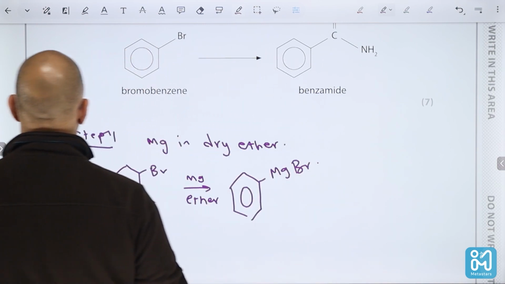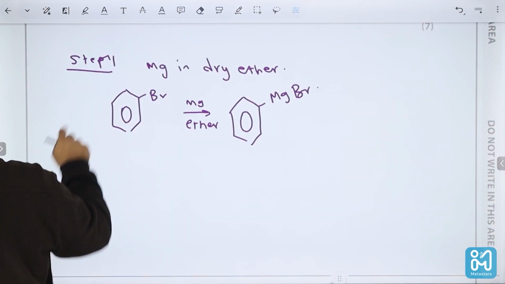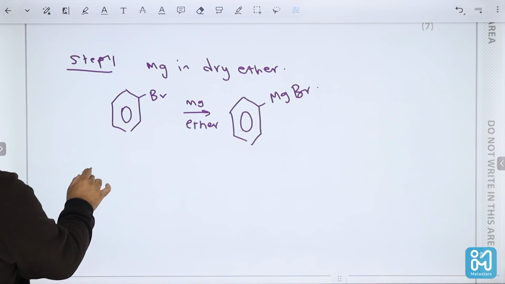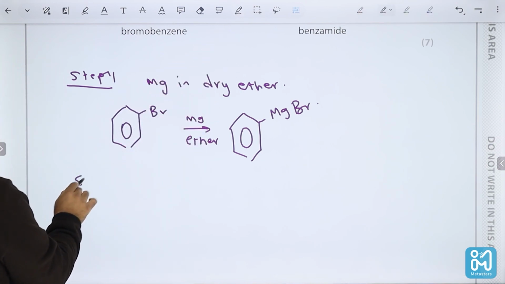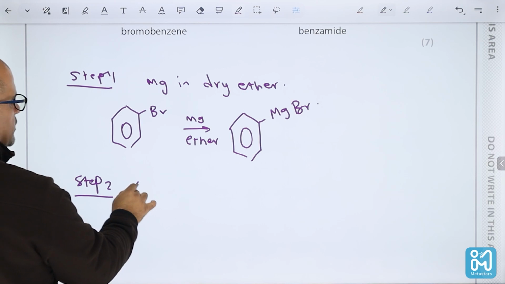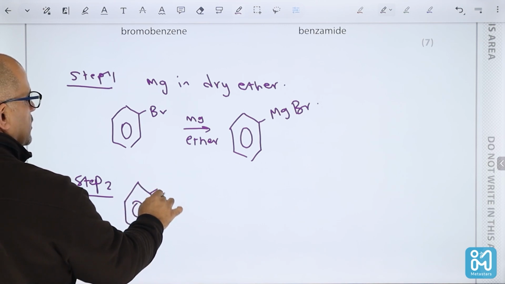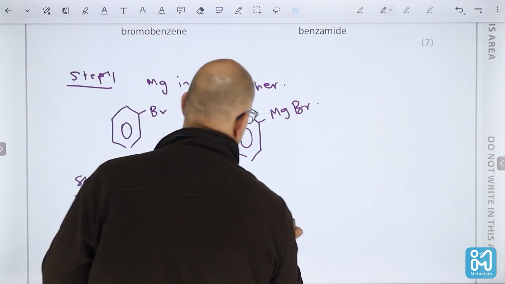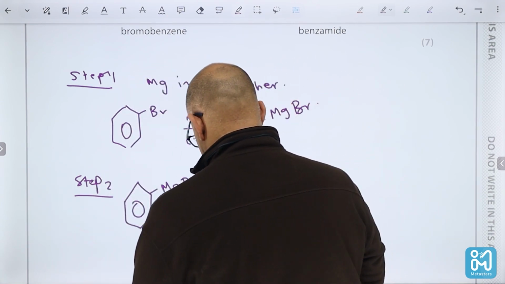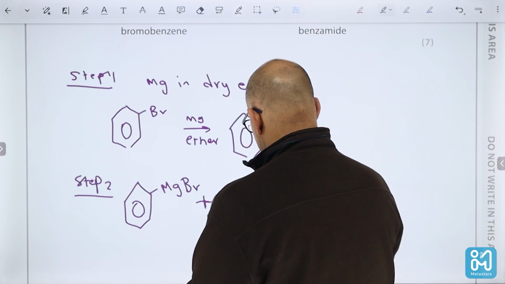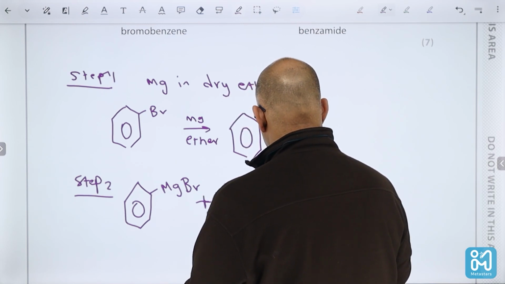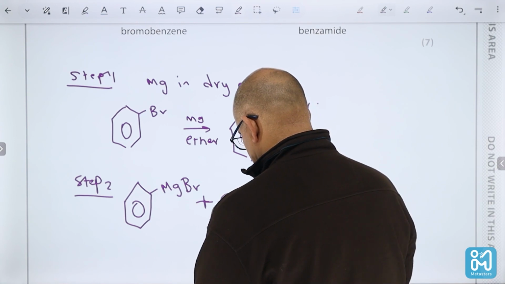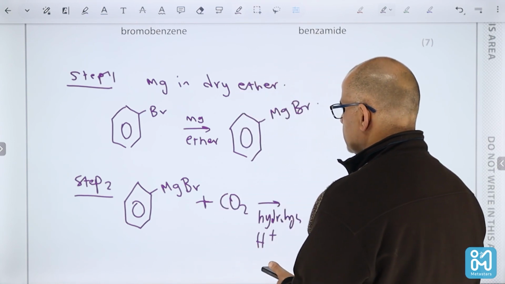The next step, step 2: the product from the first step, MgBr, was reacted with CO2 gas, then hydrolysis with dilute acid.